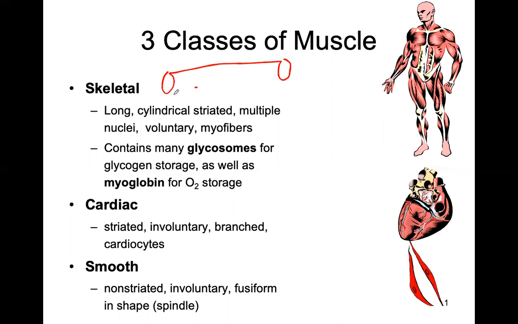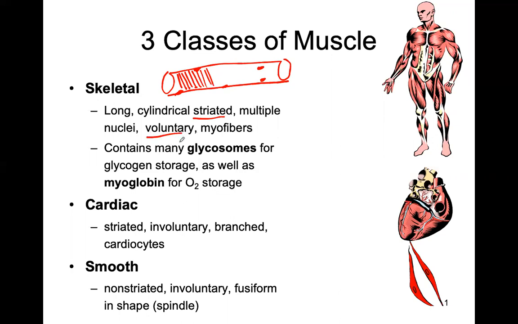This is a typical way of depicting your skeletal muscle. They also have patterns of lines going through them, which are referred to as striations. They do have multiple nuclei, one of the main reasons being that they are long and need multiple control centers. The type of movement they create is voluntary.